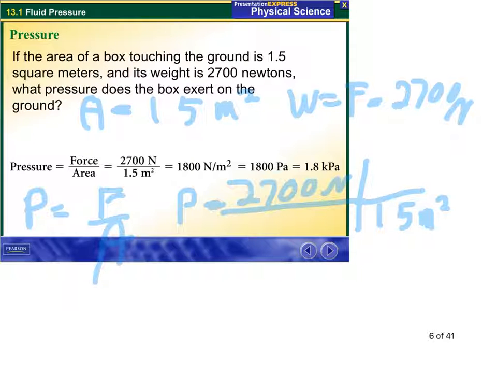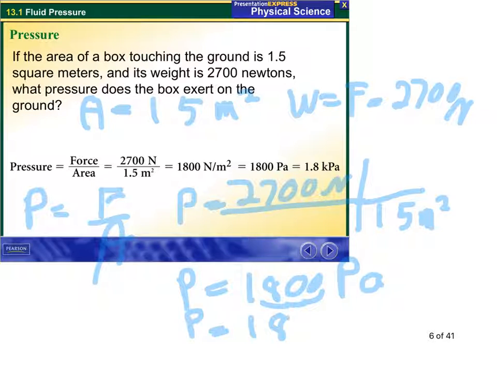Newtons per square meter is Pascal, the correct units. Little division, and we do get 1,800 pascals, and a very common unit of pressure is the kilopascal. Dividing this by 1,000, moving our decimal back 3 spots, the pressure then would be 1.8 kilopascals.